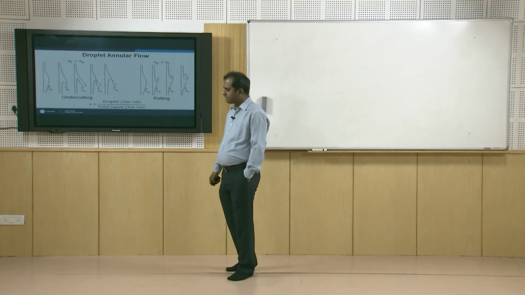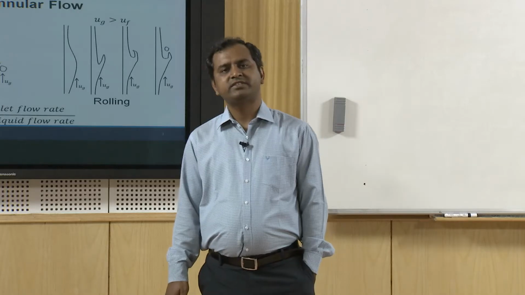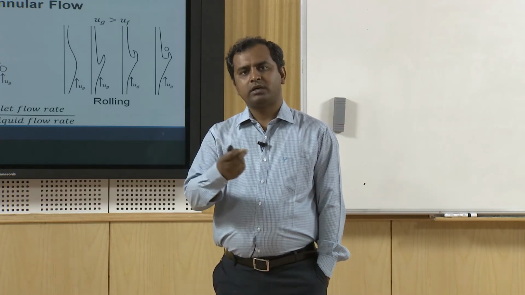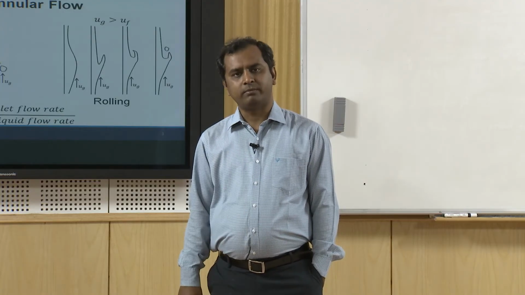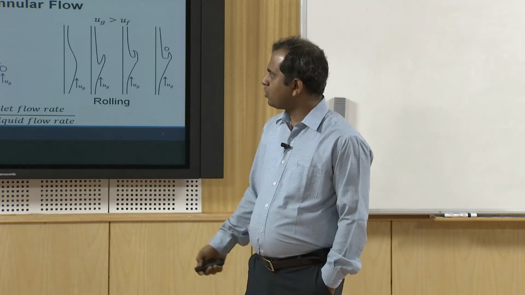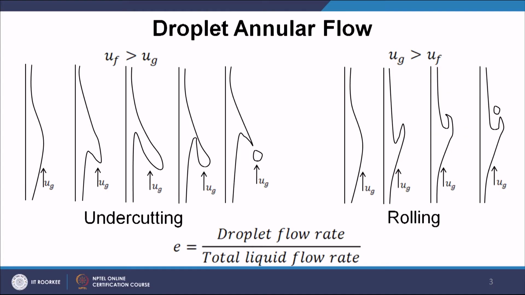So, we will start with annular flow, what we have discussed in the last lecture. We know in case of annular flow, around the wall of the tube you will be having a liquid film. Here I have shown one side of the tube wall with which the liquid film is adhered. I have shown the gaseous flow in the core as Ug over here.